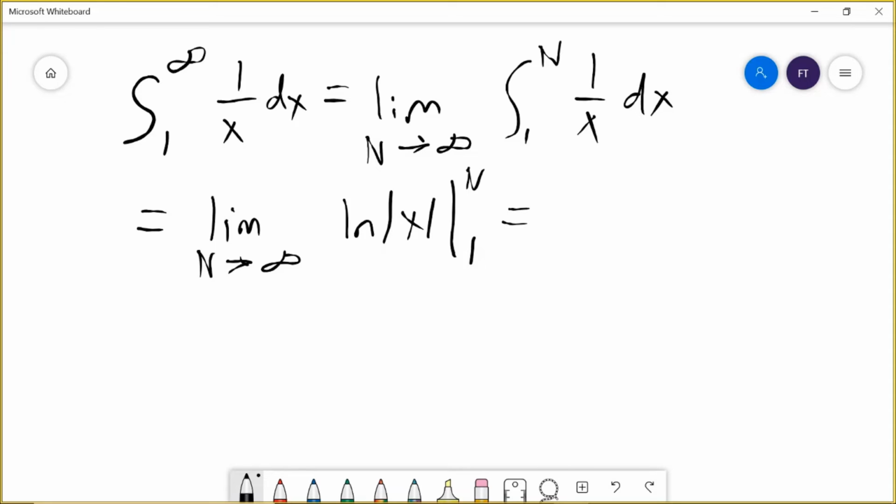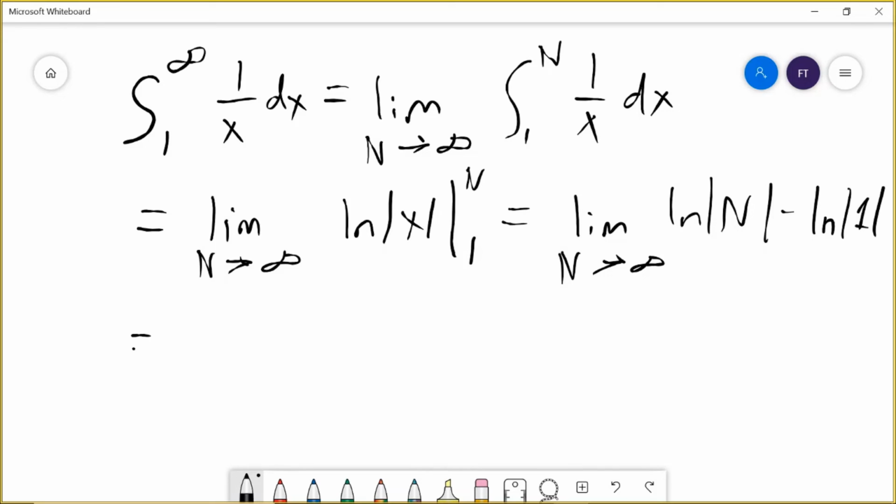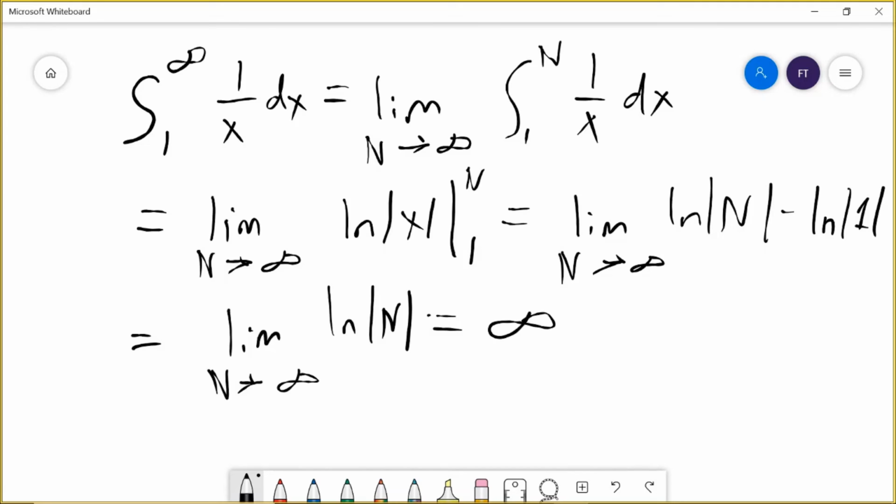And so if we plug in our limits of integration, we see that this is the limit as n goes to infinity of ln of n minus ln of 1, or the limit as n goes to infinity of ln of n. And this limit is equal to infinity, and so the integral diverges.